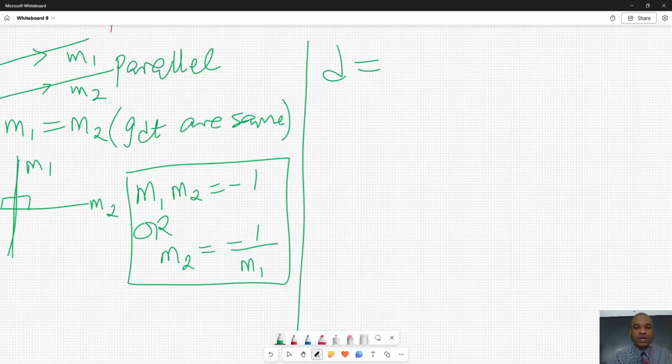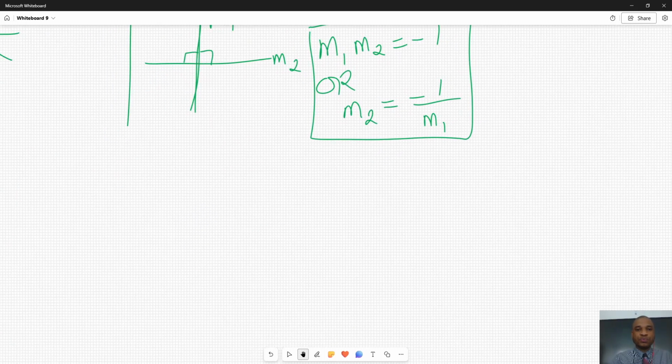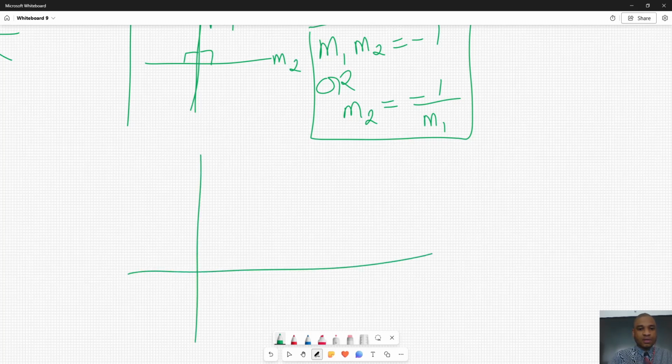Before I move to the distance formula, there's one very important thing you should know. Imagine I have something like this. You can take this point and this point to find the gradient.